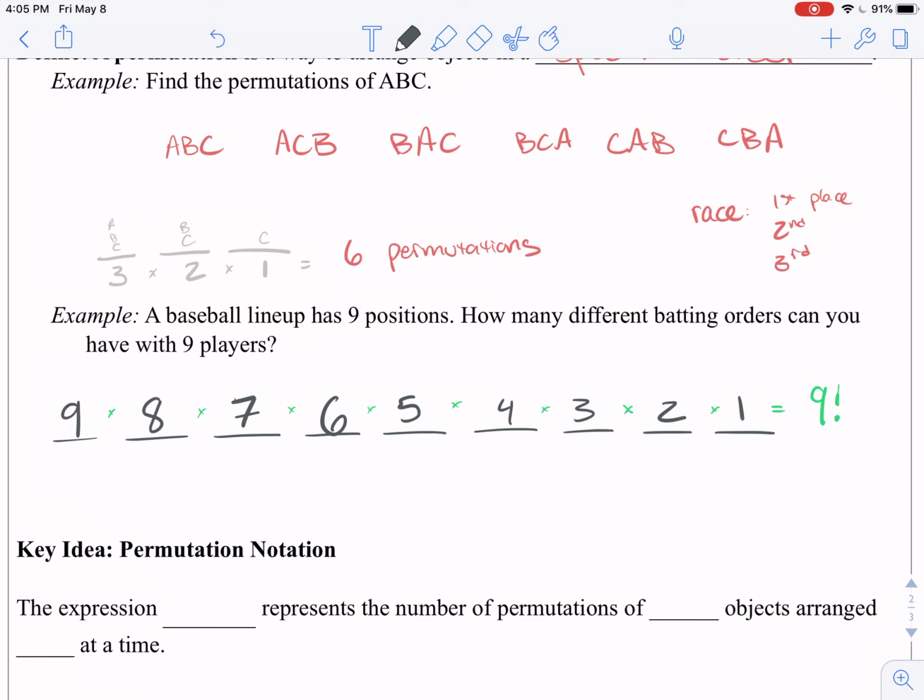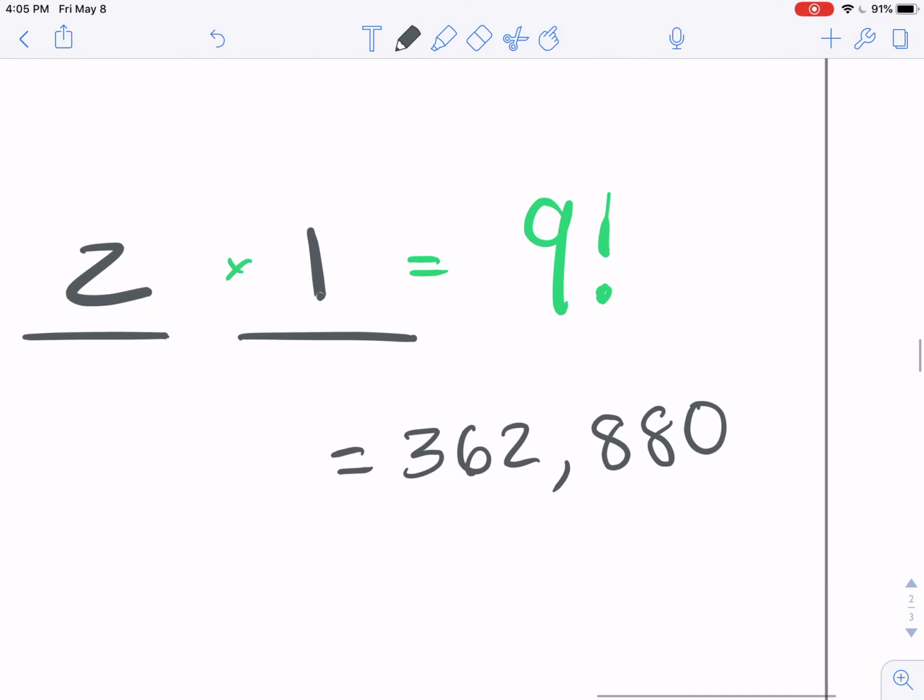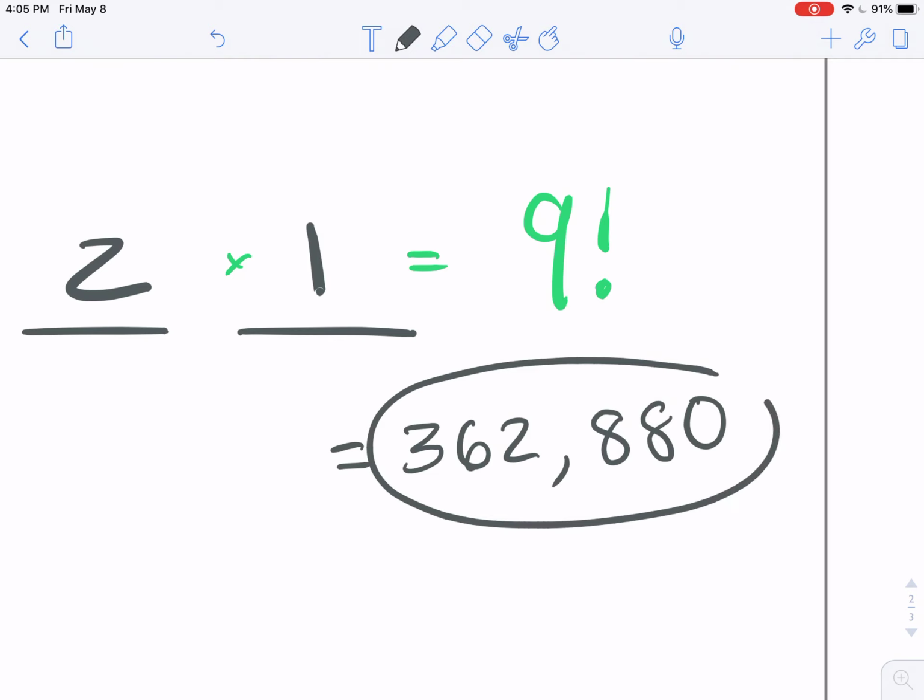We do all that together. That gives us 362,880. That's a lot. That's a lot of possible combinations.